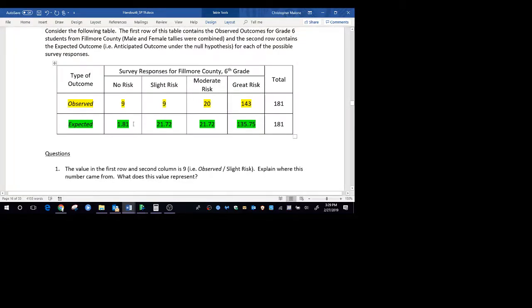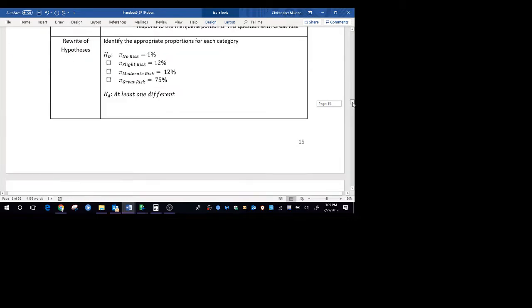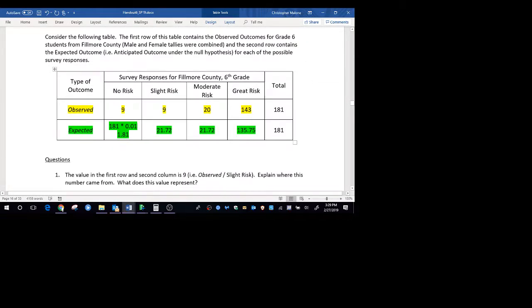And again, where are these coming from? So where is this 1.81 coming from? It's coming from 181, which was my total number of children surveyed, times that 1%. Because again, if we go back up here and look at the parameter value, 1% of the students should be in the no-risk group. So where's the 21.72 coming from? Again, the 181 times the 12%.